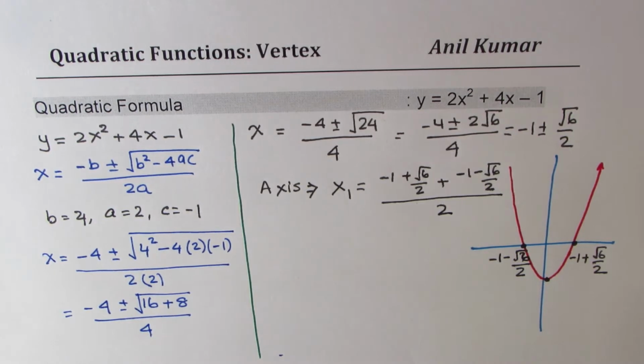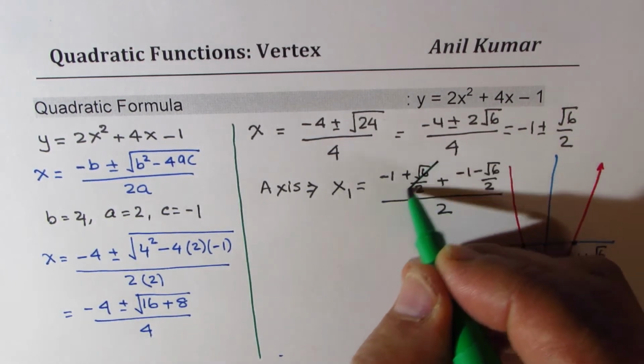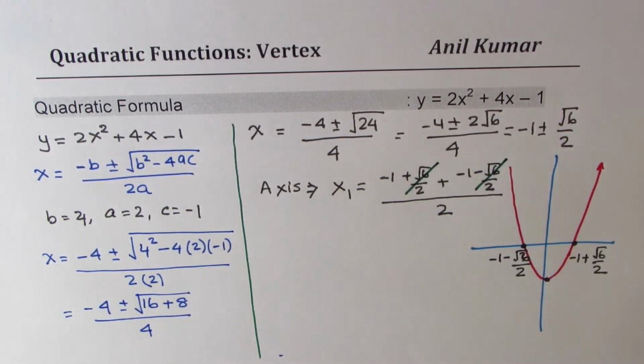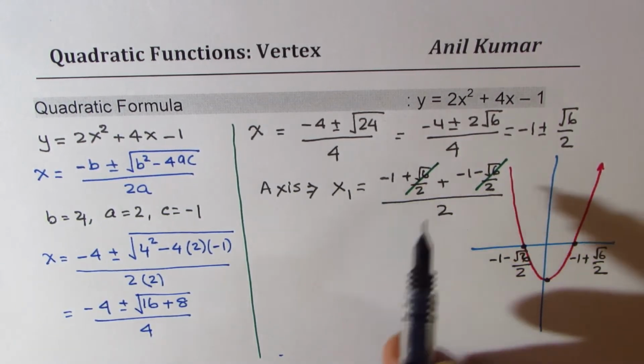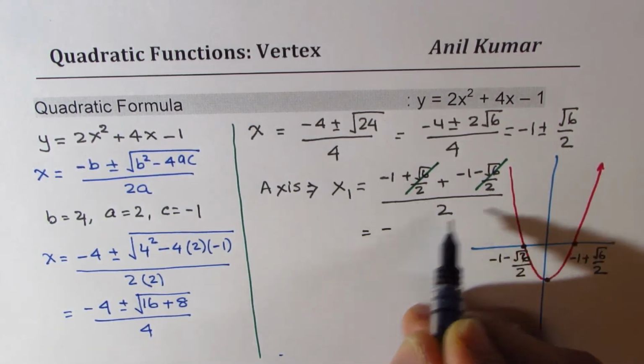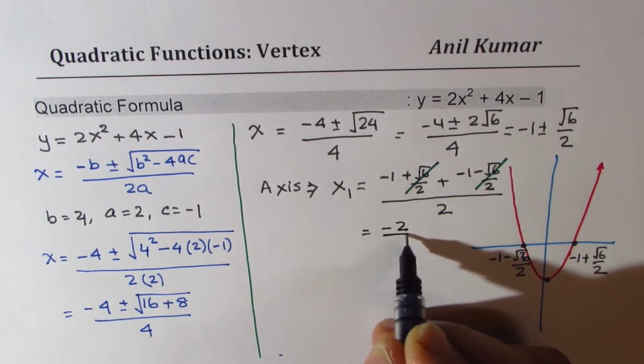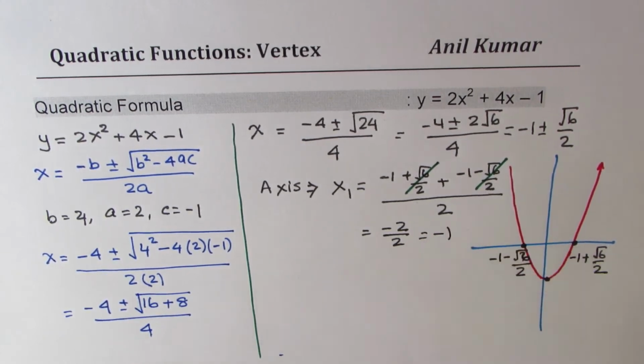When you do this, you notice that these two terms cancel, right? So you get minus 2 over 2, and the axis is at minus 1.